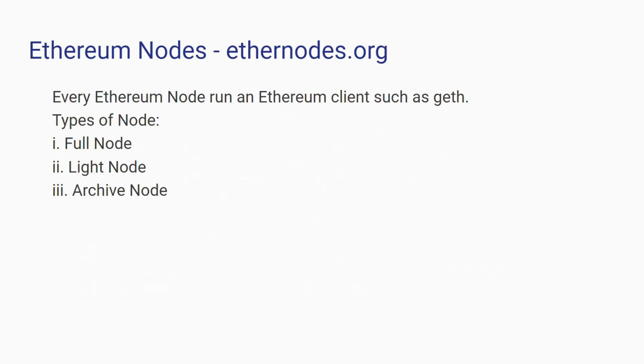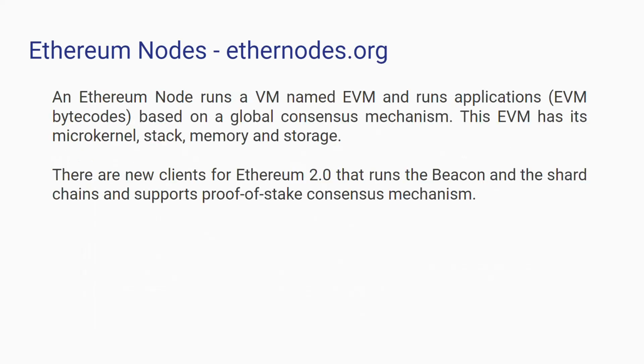Every Ethereum node runs Ethereum clients such as Geth, and we have types of them. We have the full node, the light node, and the rest. Ethereum also runs a VM, which is called the Ethereum Virtual Machine. It runs bytecode, and it's based on a global consensus mechanism, with a microkernel, stack, memory, and storage.